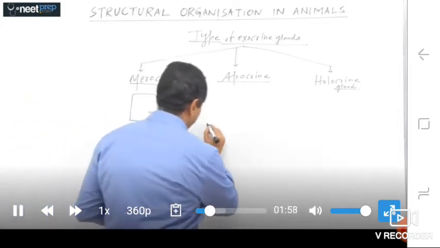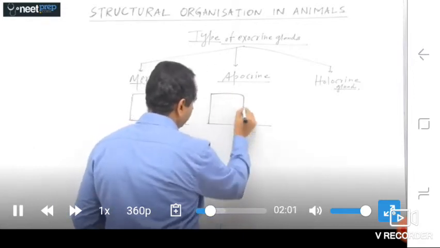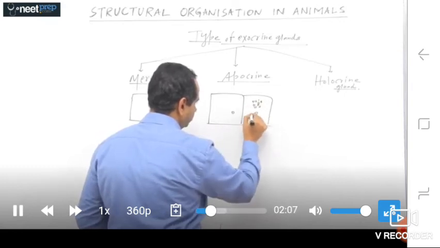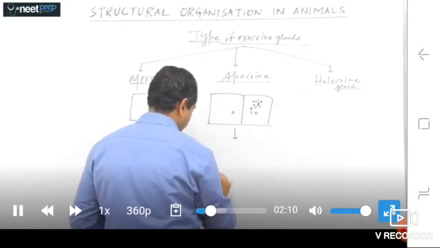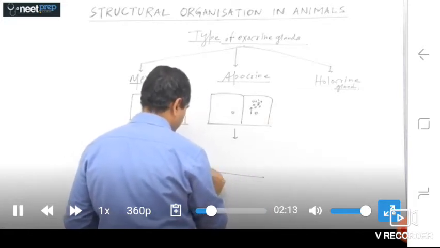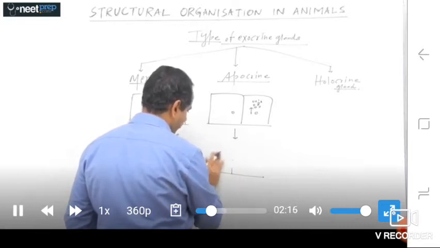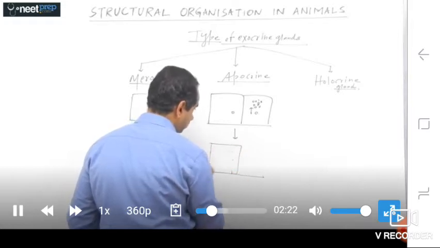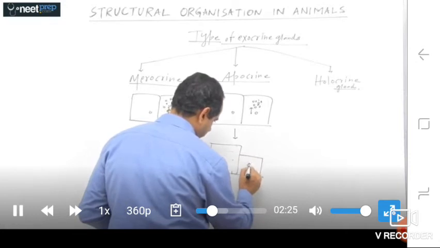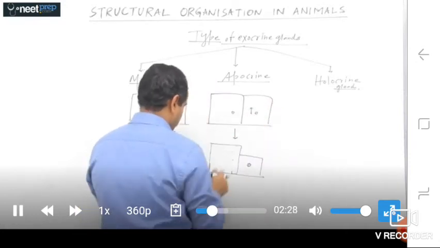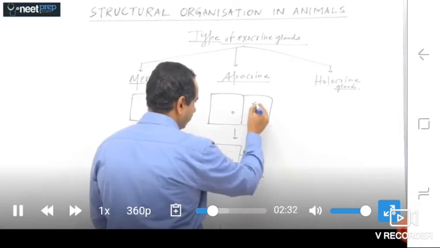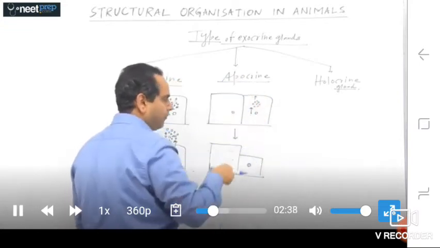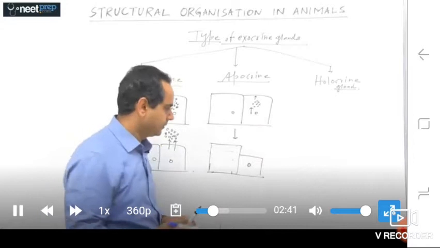And if there is a structure like this, here secretions get accumulated here, and after the secretion, certain part of cellular membrane, suppose this is the secretion of the cells, and when the secretions come out, it pinches off the part of apical cell membrane, and what happens?